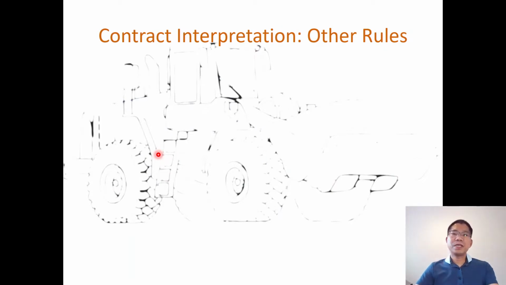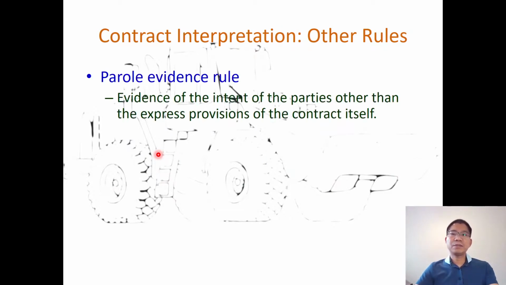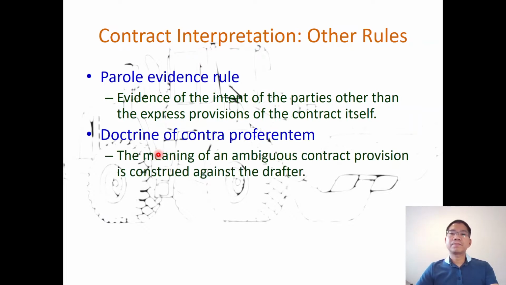Other rules in contract interpretation: the parol evidence rule. What does that mean? Evidence of the intent of the parties other than the express provisions of the contract itself. The doctrine of contra proferentem, that is a Latin term. What does that mean? The meaning of an ambiguous contract provision is construed against the drafter.